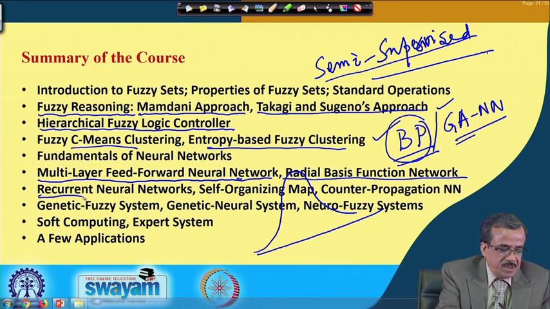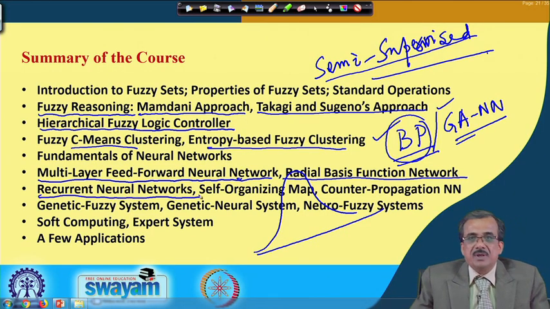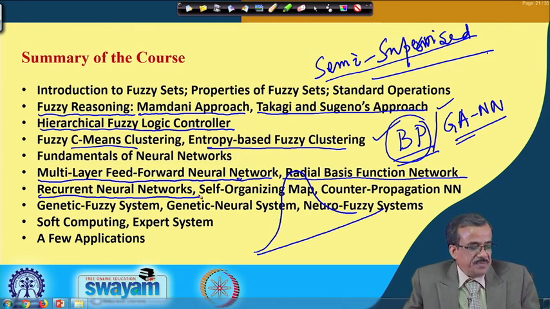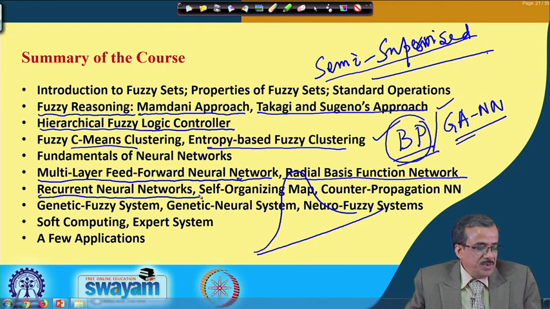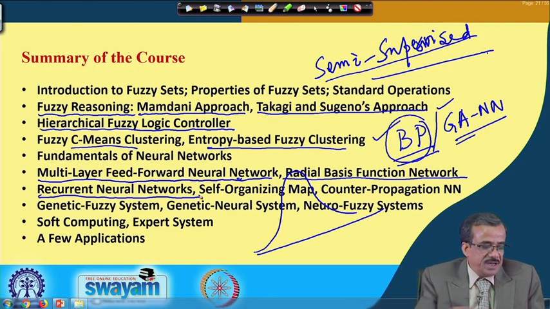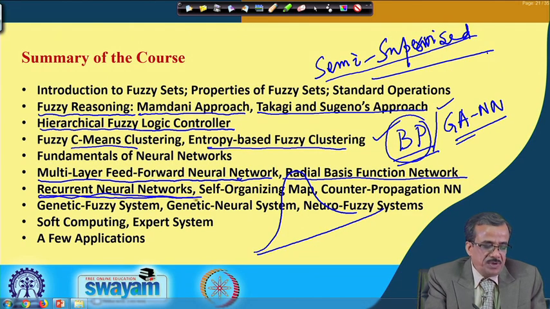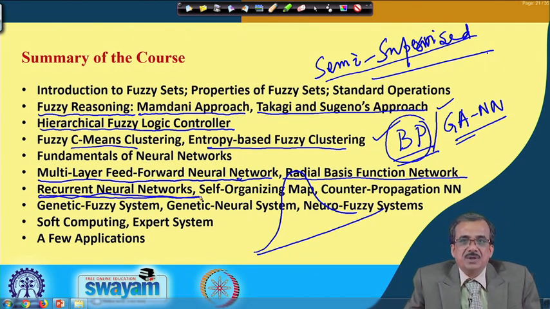Now, supposing that the process is highly dynamic, and for a highly dynamic process, your multilayered feed forward network may not serve the purpose just to capture the input output relationship, and there we will have to go for some sort of recurrent neural networks. This recurrent neural network has got both feed forward and feedback circuit, and with the help of this feed forward and feedback circuit, it is able to capture the nonlinearity or the dynamics of that process.